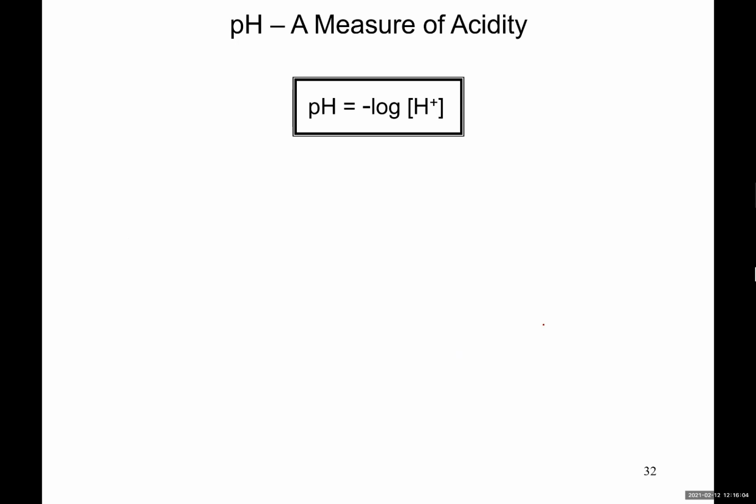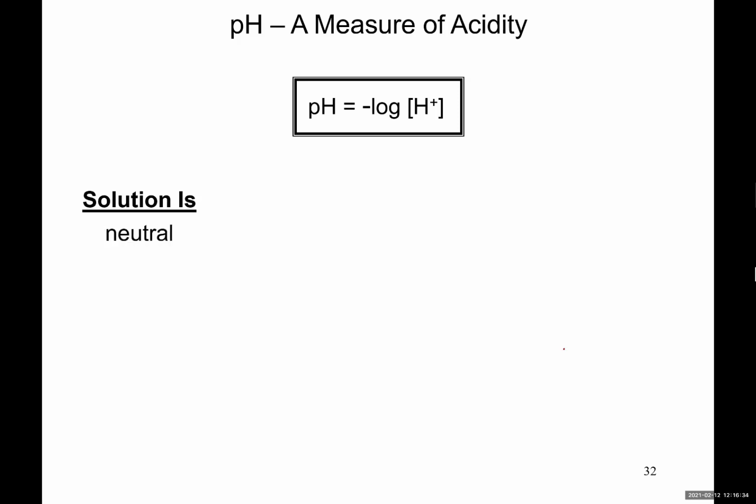So I need a system of quantification, a number that I can give you and tell you this is the degree of acidity of this solution. So how do we do that? We do that by pH. pH is defined as the negative log of hydrogen ion concentration. So I can give you a number which can show how acidic the solution is or how basic the solution is.